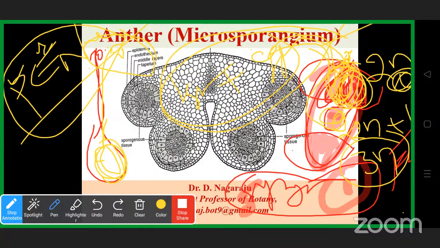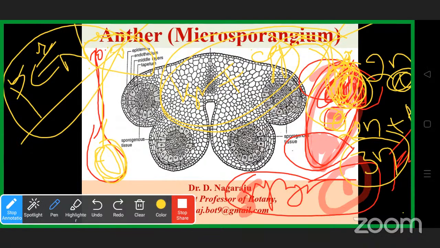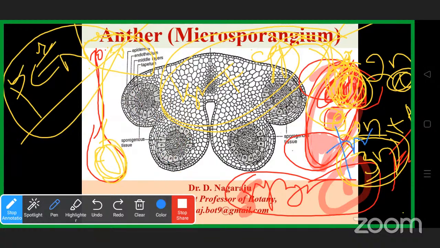The secondary fusion we also call triple fusion. Why do we call it triple fusion? Two polar nuclei plus one nucleus of the second male gamete. That means it forms a three-nuclear structure. That's why three nuclei are fusing. That's why we call it triple fusion.